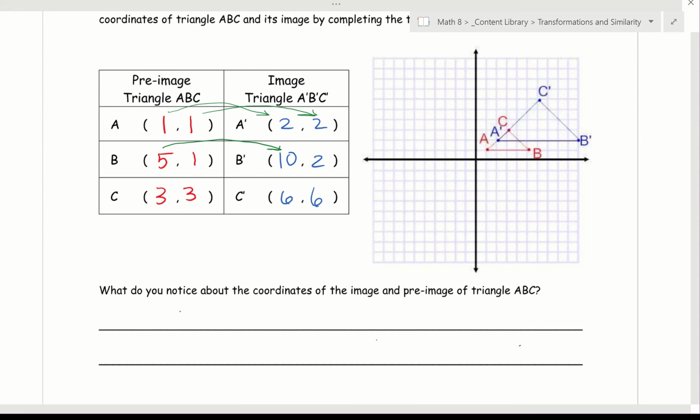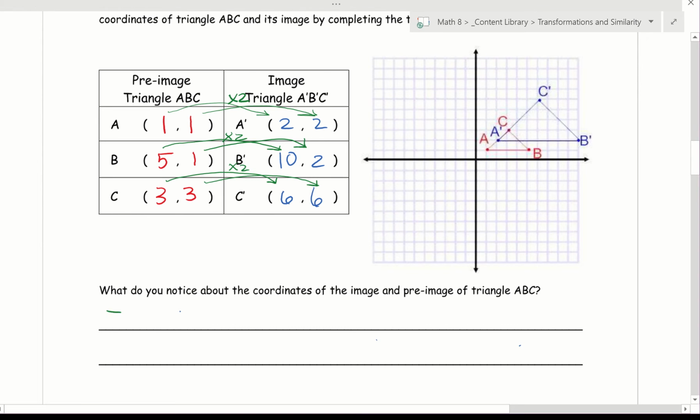I can multiply by 2. Let's see. Does 5 times 2 equal 10? It does. And does 3 times 2 equal 6? Yes, it does.